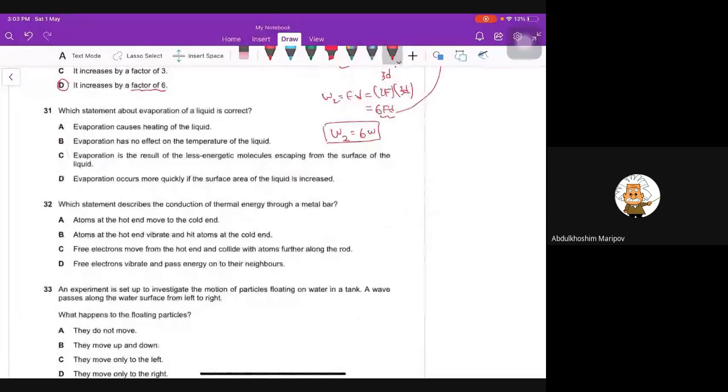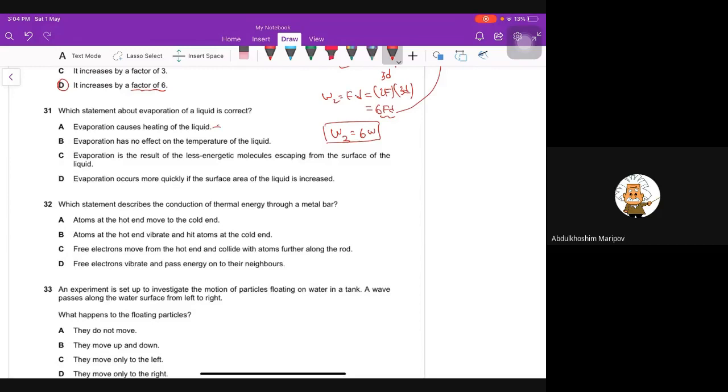Which statement about evaporation of a liquid is correct? We are talking about evaporation, guys. What is evaporation? Just molecules moving out from the surface of the liquid. It doesn't really need to reach the boiling point. Which statement is correct? Evaporation causes heating of the liquid.